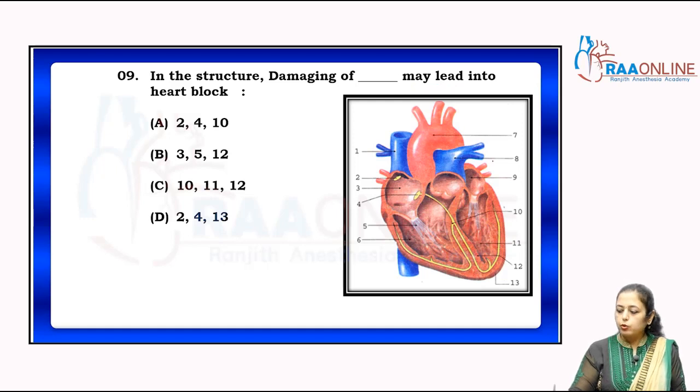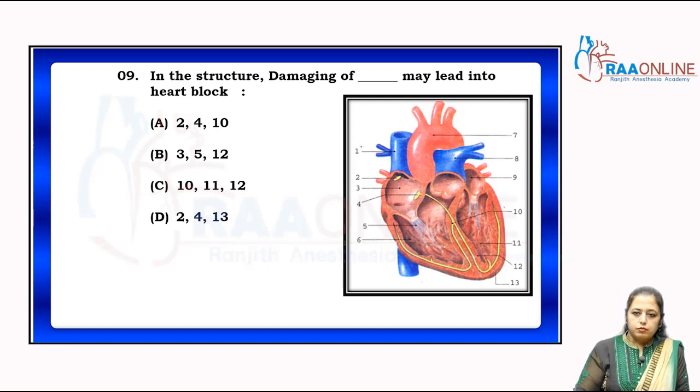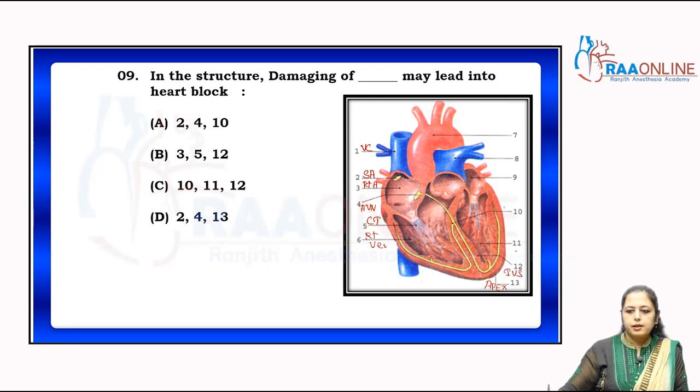As we know about all these structures: that is the vena cava, the SA node, right atrium, AV node, chorda tendineae, right ventricle, apex, interventricular septum, left ventricle, bundle of His, left atrium, pulmonary artery or pulmonary trunk, and that is the aorta.